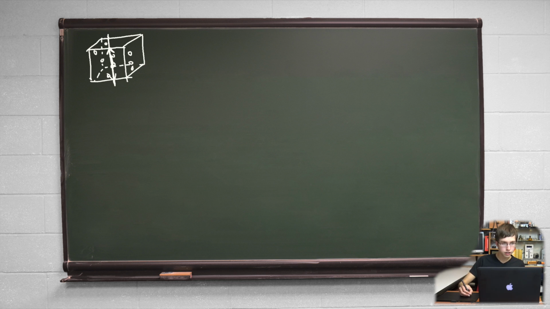Then left-right, and finally this one, which is towards us or away from us. So these are the so-called degrees of freedom.